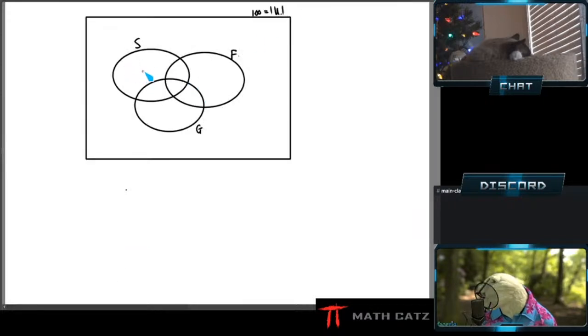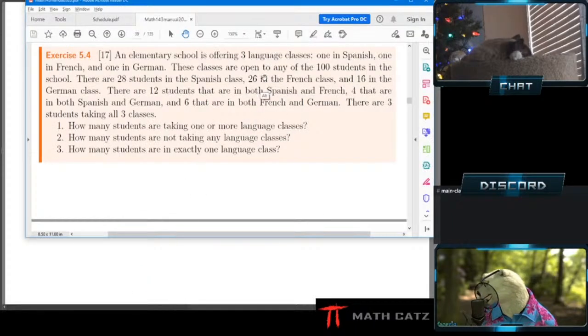But at this stage, the Spanish circle consists of different regions. So I can't put the 28 in. Well, I can, but I really shouldn't, because I'm going to forget what that 28 represents. That's my choice, my rule, keeping me safe. I can write it on the side here, but let's see if maybe later on I can come back and get this in.